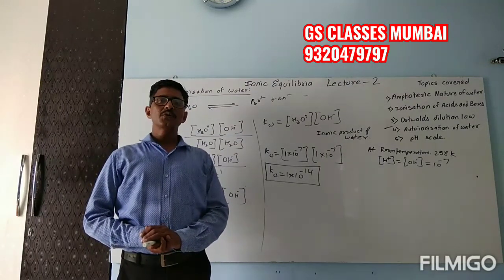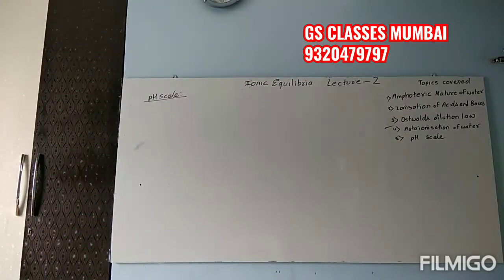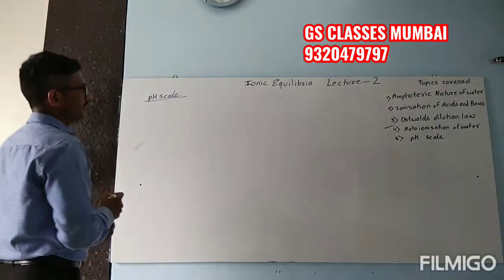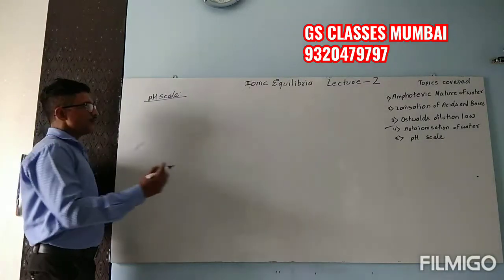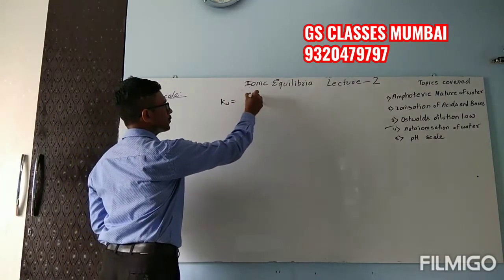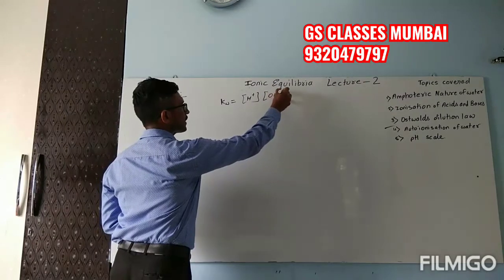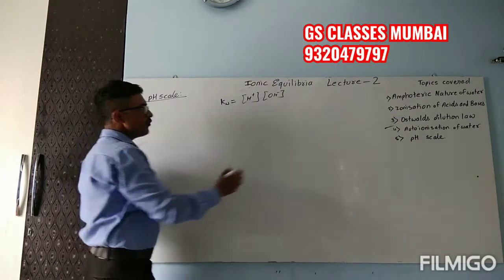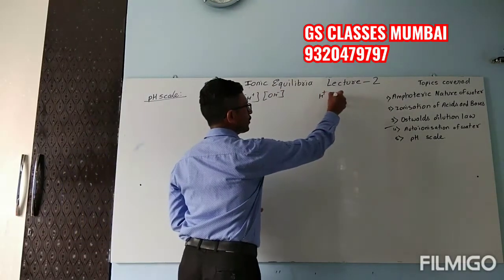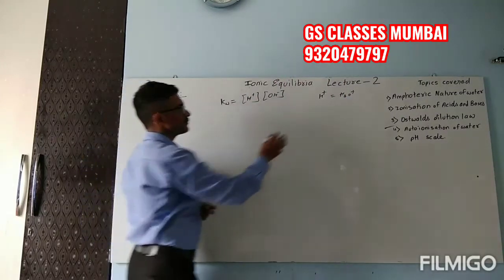Now children, we will study. We have just seen that Kw is going to be H plus ion concentration into hydroxide ion concentration. Whether you write H plus ion or you write H3O plus, they are one and the same thing.